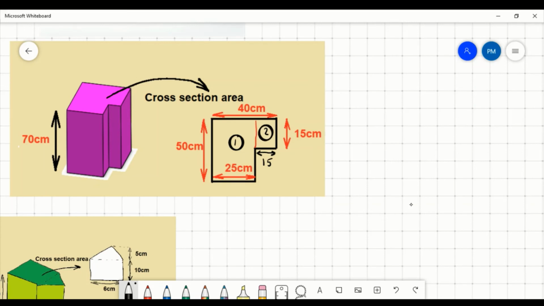To get the total, we're going to have 1 plus 2. So 1 is going to be 50 by 25, which is equal to 1,250. Area 2 is going to be equal to 15 by 15, so 15 squared, which is equal to 225.